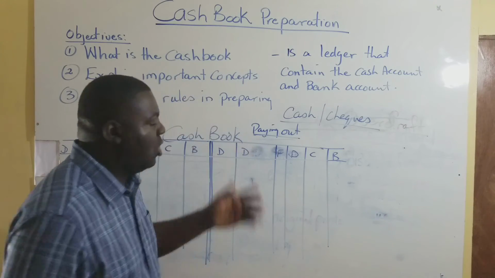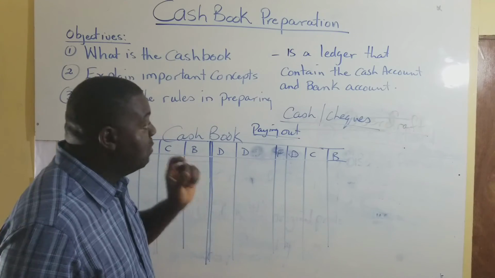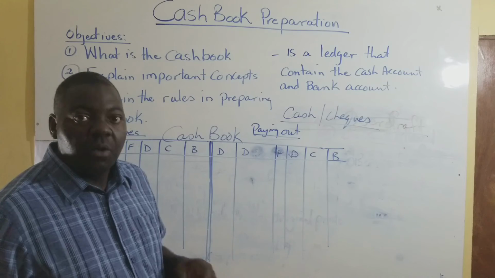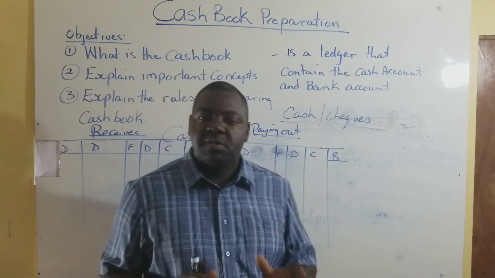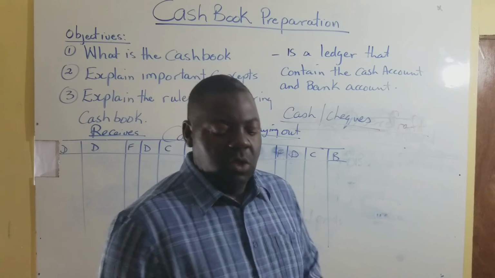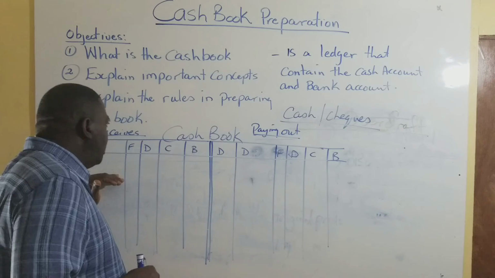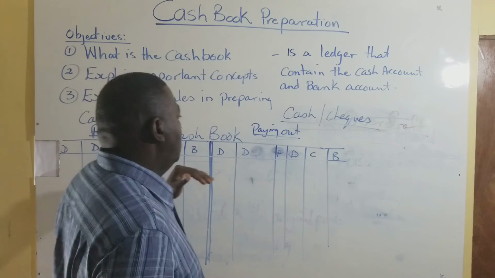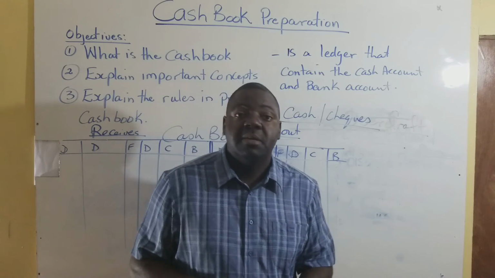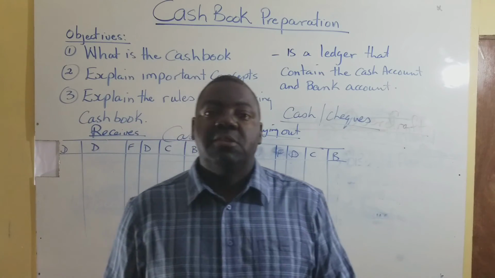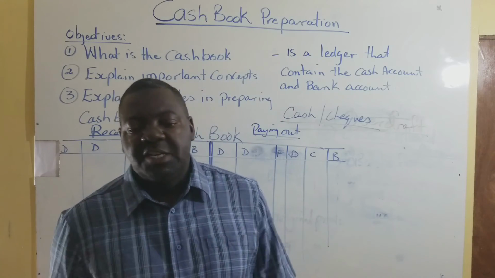Whether it be cash or check or debit card or credit card, whatever monetary instrument we're relating to here, once we're treating with the cash book, we record when we are receiving money on the debit side and when we are paying out money on the credit side. Very important concepts that one needs to learn or understand in treating with the cash book.